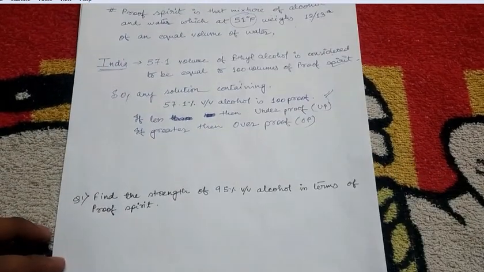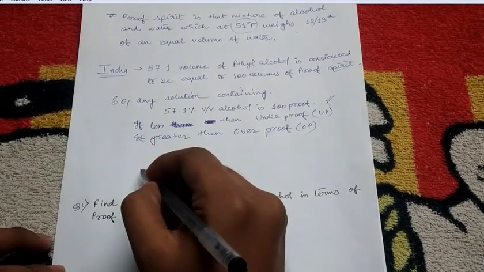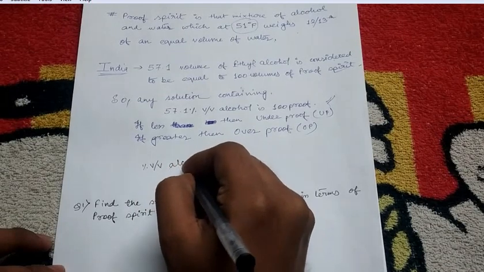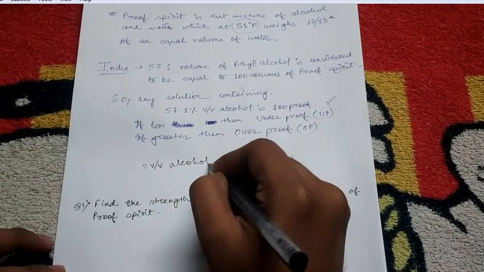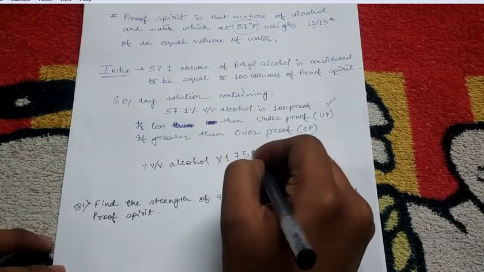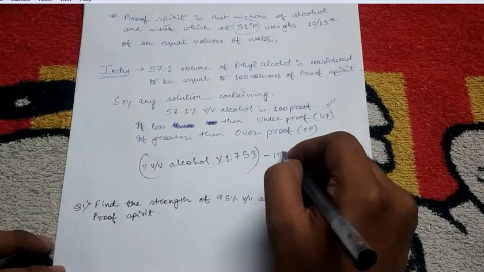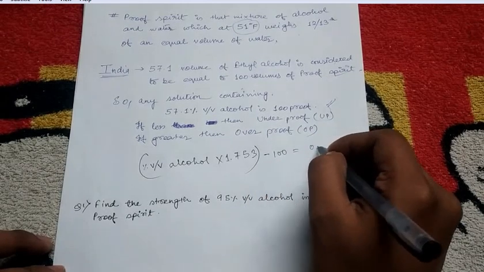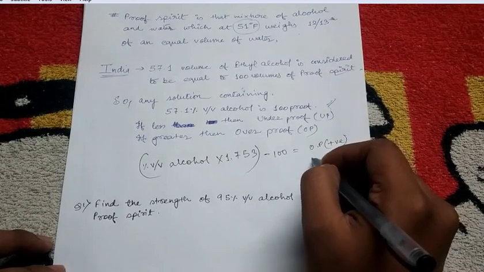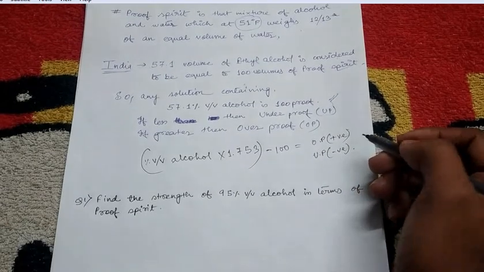For calculating this, we again have a formula, that is percentage V by V alcohol into 1.753 minus 100. If it is overproof, then the result will be positive. If it is underproof, then the result will be negative.